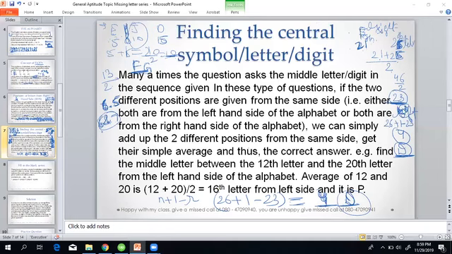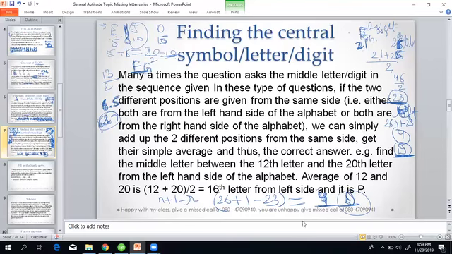Okay, now if the question says, like, find the middle letter between the 12th letter from the left hand side and the 20th letter from the right hand side, then what do you have to do? In this, firstly convert the right hand side position into the left hand side and then find the middle letter accordingly. If both the positions are from the left or both from the right, then you can just directly add them and divide by 2 and find the answer.